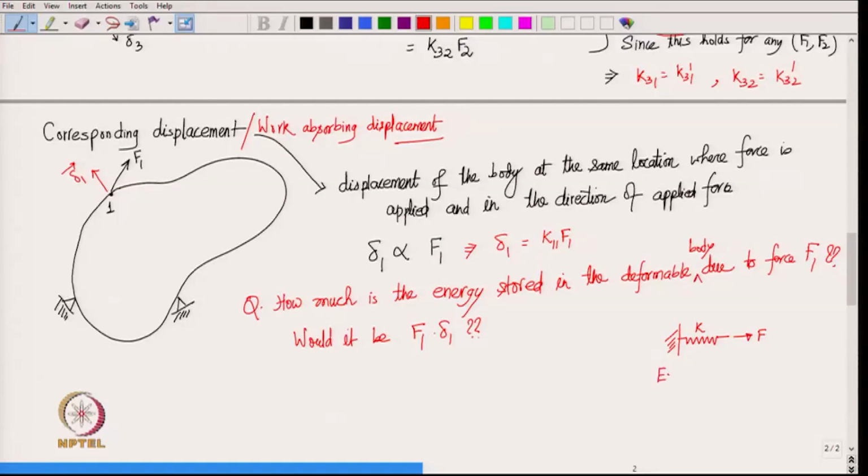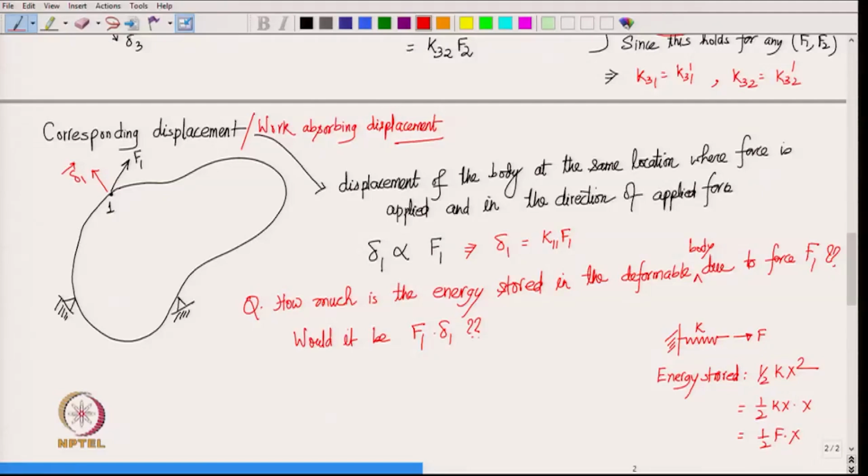So, the energy stored is half of k x square, which we can also write as half of k x into x, but k x is nothing but the force.